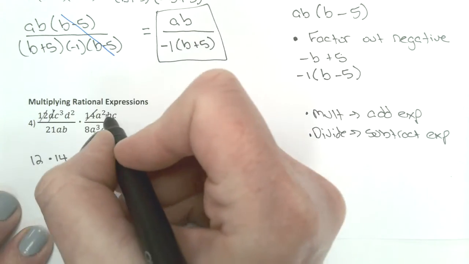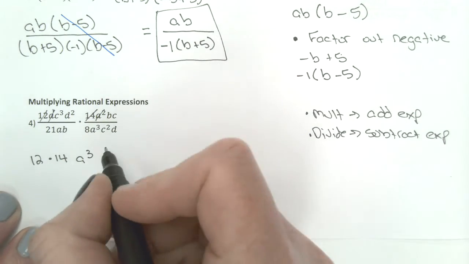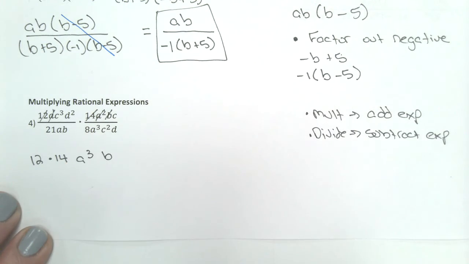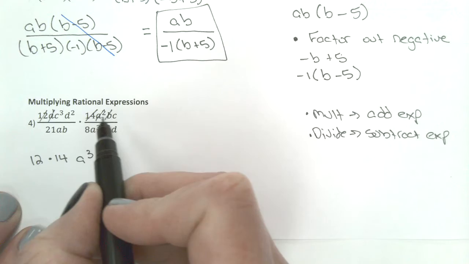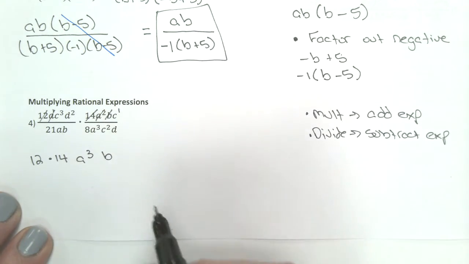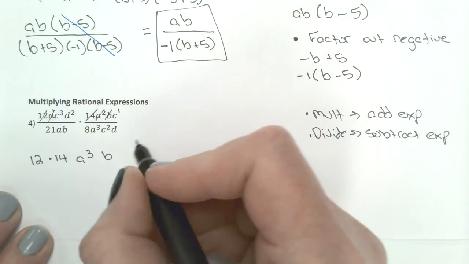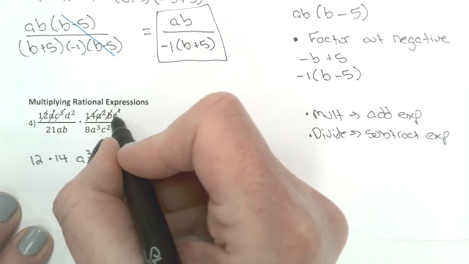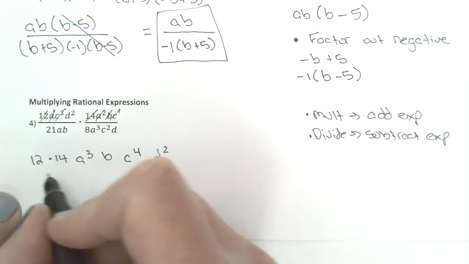All right, so I use my a's, they're gone. And then I'm going to go in alphabetical order. I'm going to do the b next. C's. So I have c to the third. There's an invisible 1 on that exponent. So c to the third times c to the first is c to the fourth. And then bring over my d to the second.